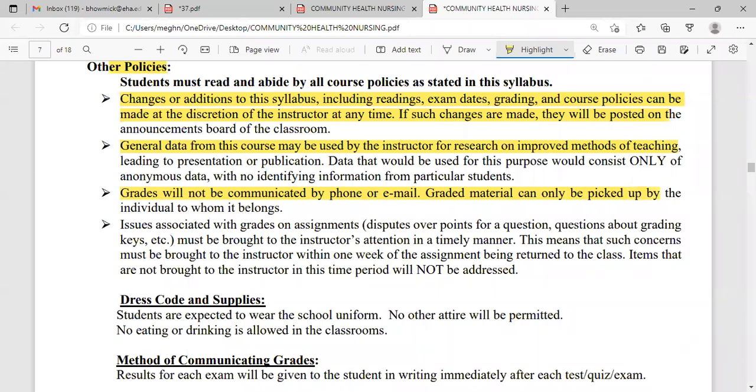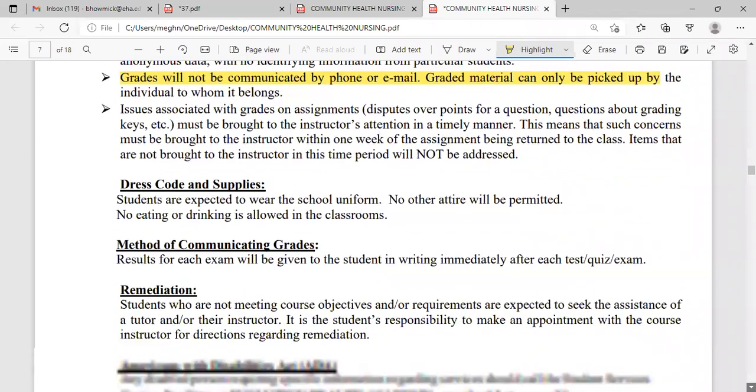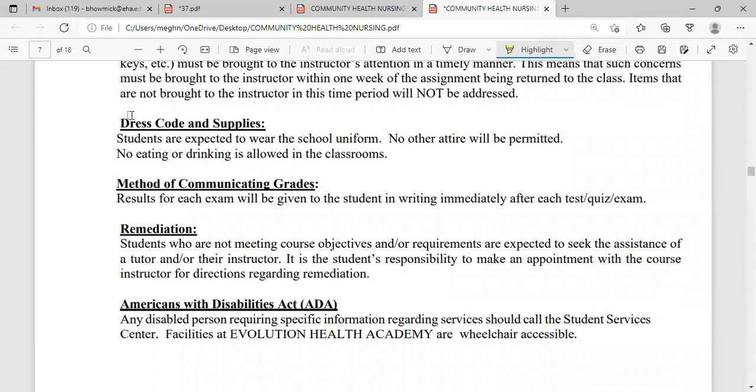So what is the dress code? When you come to the school, it is good to follow the dress code and supplies. Students are expected to wear the school uniform, and non-professional dress is not allowed.